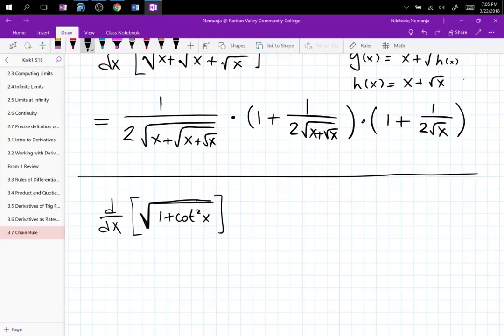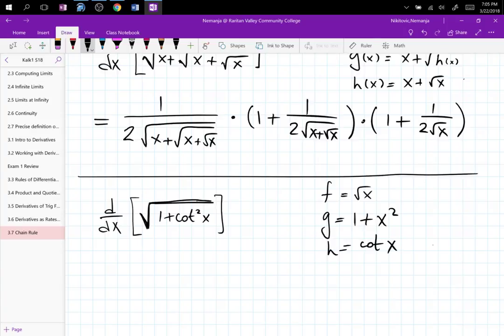What's F? Square root of x, okay. And then what's G? 1 plus x squared, okay. And what's H?